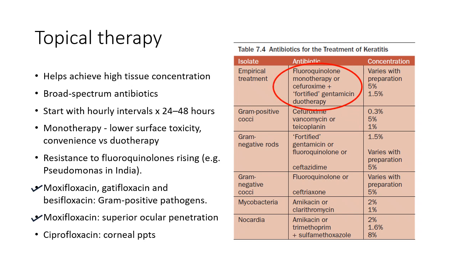You can either use fluoroquinolone monotherapy or a combination duotherapy for empirical treatment depending on the type of the ulcer it is. So this is what this slide is about. It is about empirical treatment in the form of monotherapy or duotherapy.